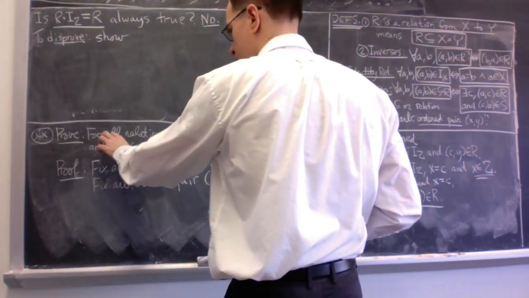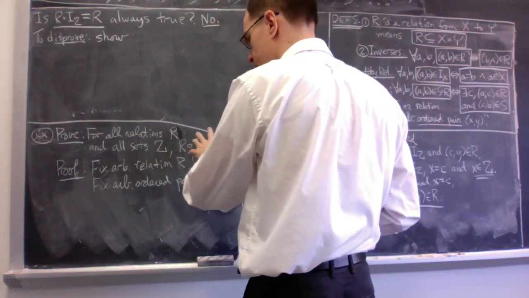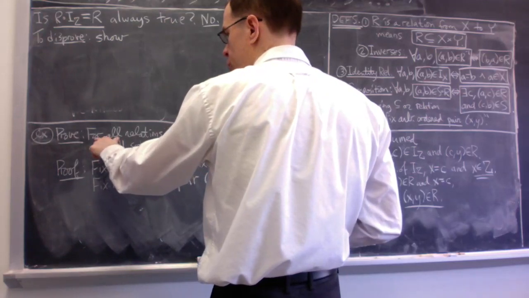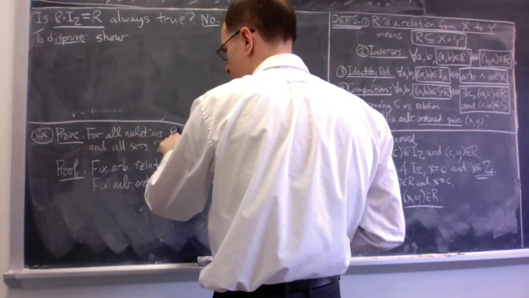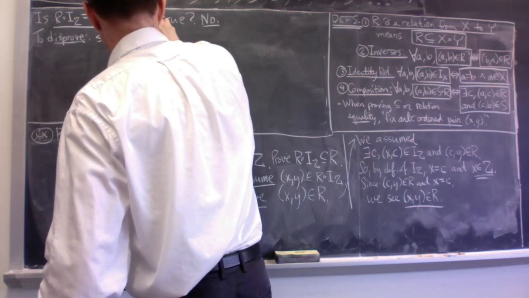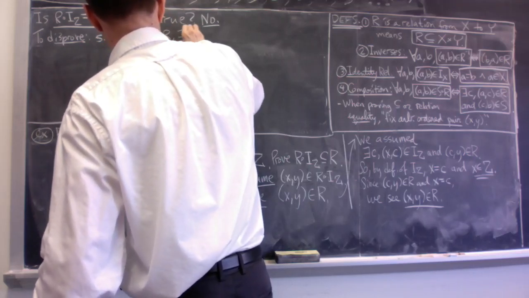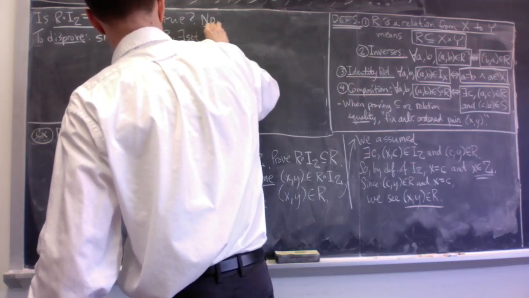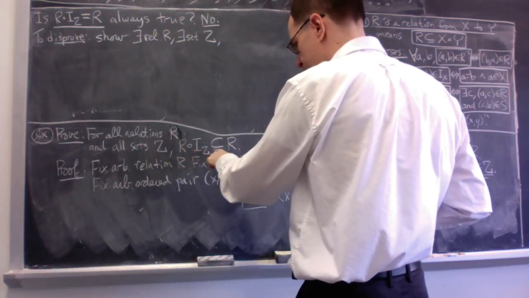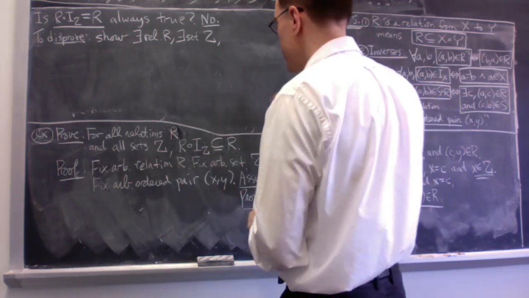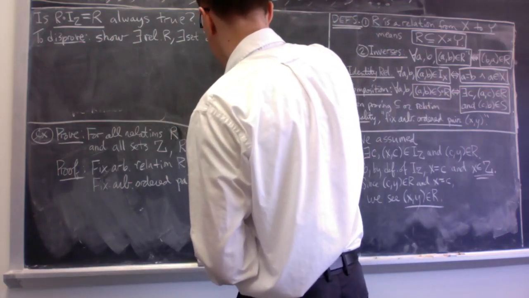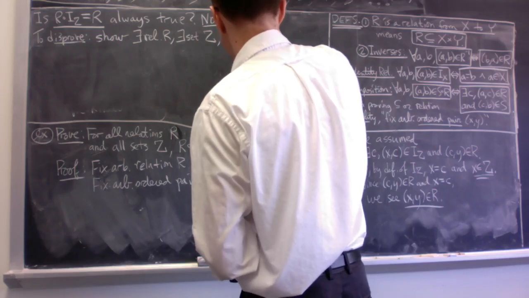Well, we'd have to show, imagining this was an equal instead of a subset, negate the whole thing, because we think it's false. We'd have to show there exists a relation R, there exists a set Z, where, since we just finished proving this subset works, let's see if we could get one where R was not a subset of the other one.